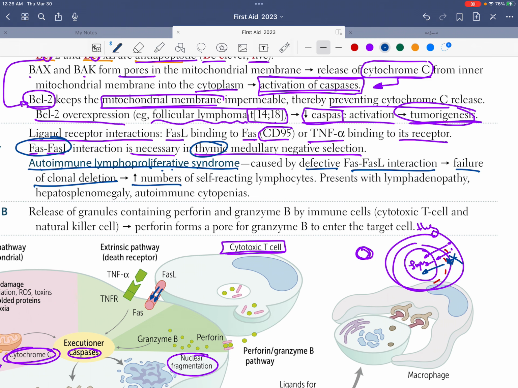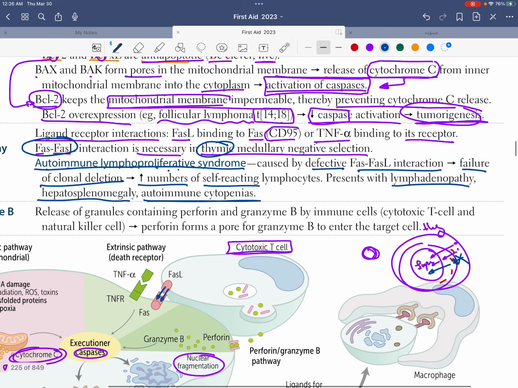Of course, these are lymphocytes, immunological cells, and we know these cells do self-react. They react or interact with each other, and that would present with lymphadenopathy, like enlarged lymph nodes, with hepatosplenomegaly, and with autoimmune cytopenias, like an overall reduction of the cells that we need to have.